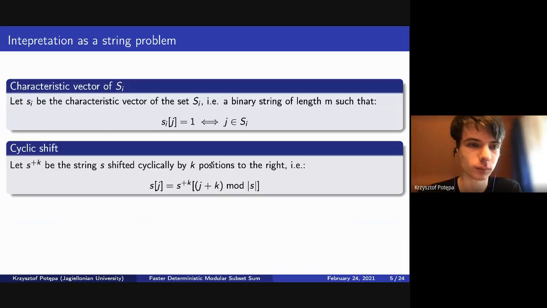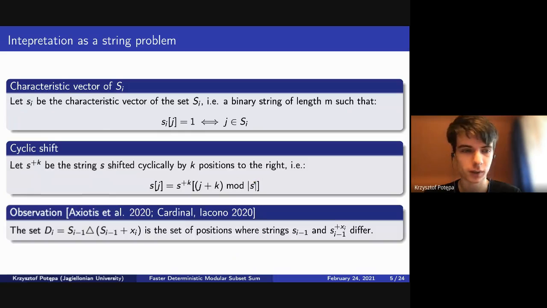And let's also define the cyclic shift of a string. I'll use this notation, plus k in the upper index. By this I mean a cyclic shift of S to the right by k positions. Now we can observe that the set Di, this symmetric difference, is just the set of positions where the characteristic vectors of these sets differ.